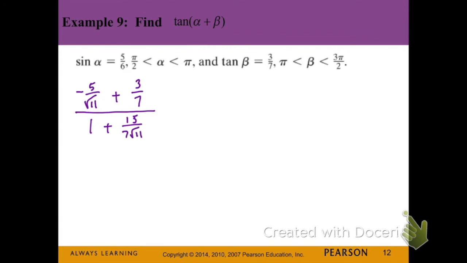So again, you only need to watch this part right here of the video if you are someone who plans to go on to calculus in the future and need to know how to rationalize. So I'm going to start here by making common denominators on the top and common denominators on the bottom. They happen to be the same denominator on the top and the bottom.